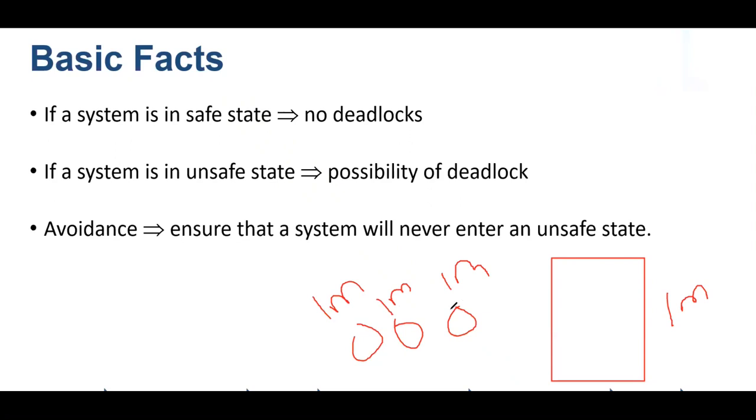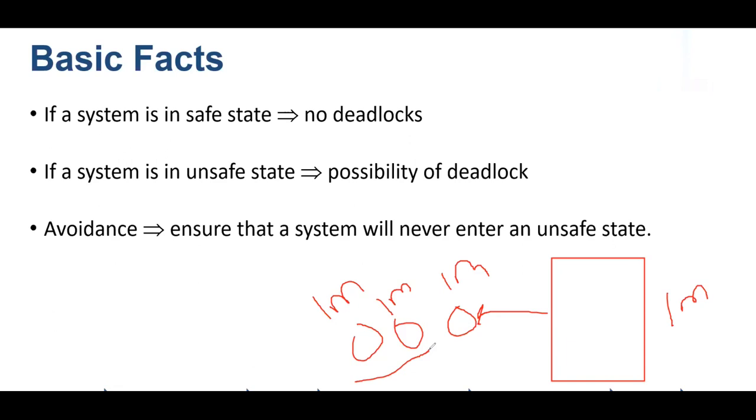So now, if the bank satisfies the request of just this customer, then the bank will be in an unsafe state, because these 2 customers will wait and the bank will not have a sufficient amount of resources. And this is called what? That the system is in an unsafe state and there is a possibility of deadlock. Why possibility?